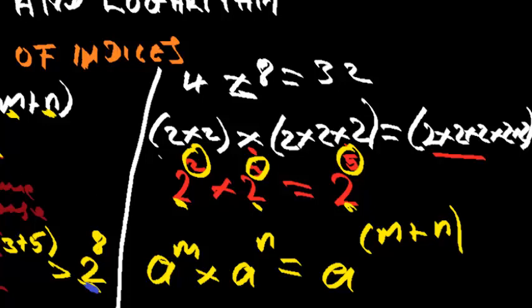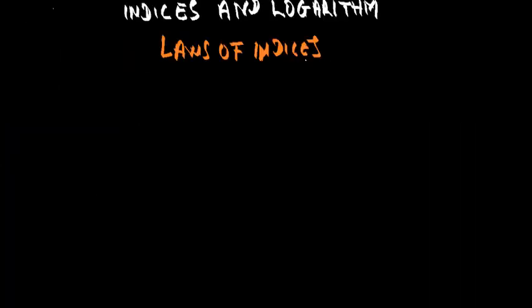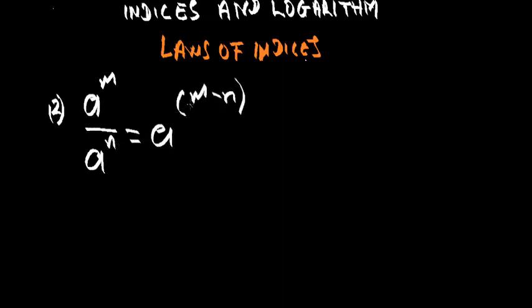Now we move on to the second one. We have law 2. It is saying that if you have a exponent m dividing by a exponent n, you are going to get a, then m minus n as your exponent.